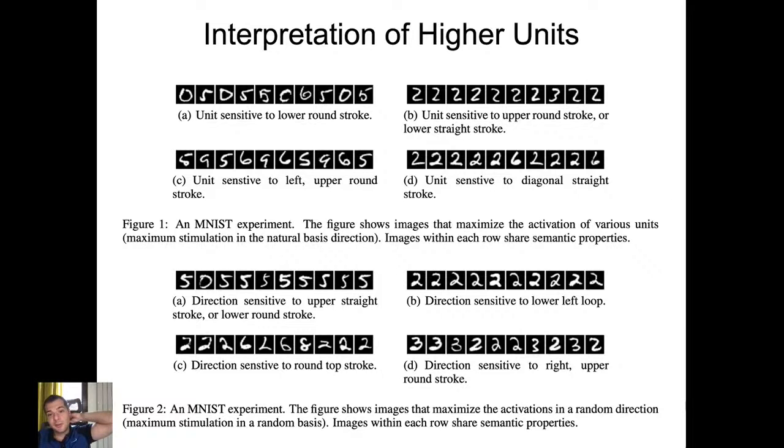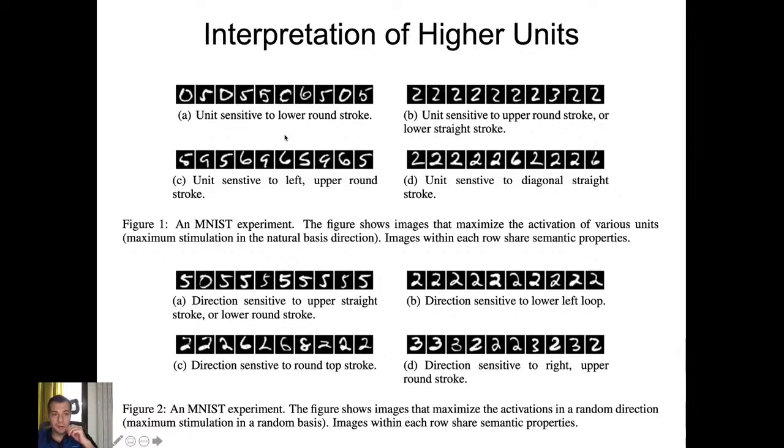In the first image, if you go to the penultimate layer units and try to see what they activate on most, you will find units that activate, for example, to the lower round stroke, meaning this lower part here that is round. These experiments are on MNIST.